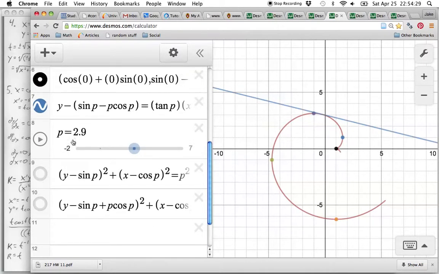Okay, so you can see how that follows along the curve as we go. So that's our tangent line. And you can see how when it hits those points we have horizontal, and well, I can't get it, but it's vertical at that point.